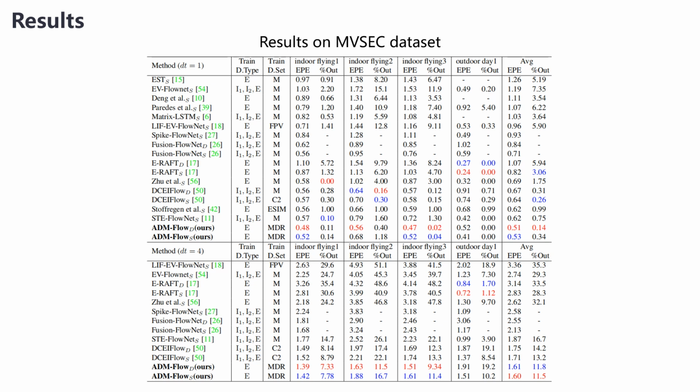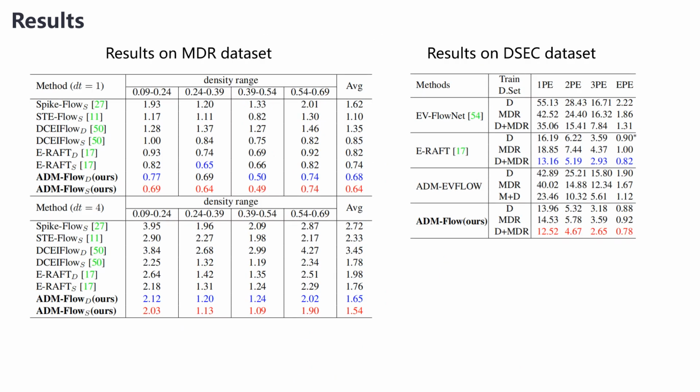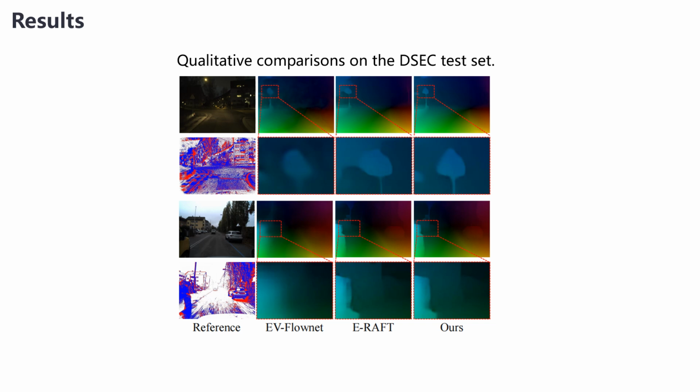Besides, our ADMFlow also makes an 8% improvement in DT4 settings, reducing EPE from 1.75 to 1.61, surpassing previous methods. Our ADMFlow achieves improved performance on other training datasets, highlighting the effectiveness and versatility of ADM. There are some qualitative results on the DSEC test set.